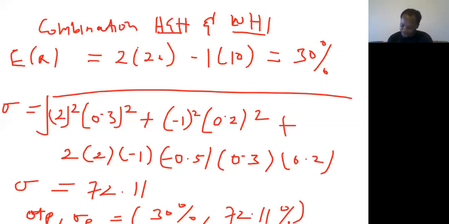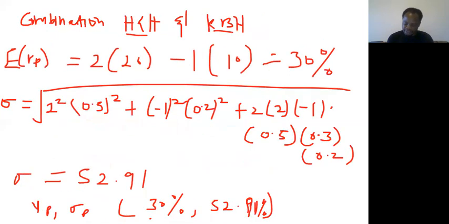In the situation whereby the firm decides to use the combination of AGH and KBH, the firm is going to have a volatility of 52.91% and an expected return of 30%.